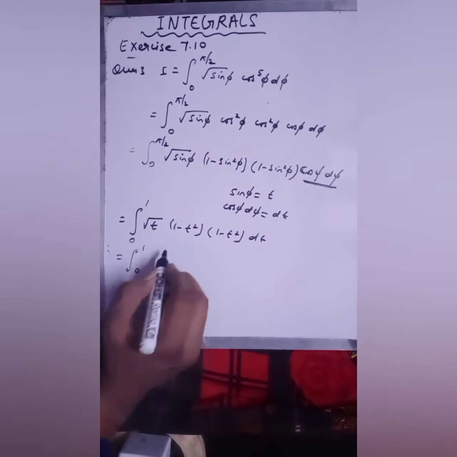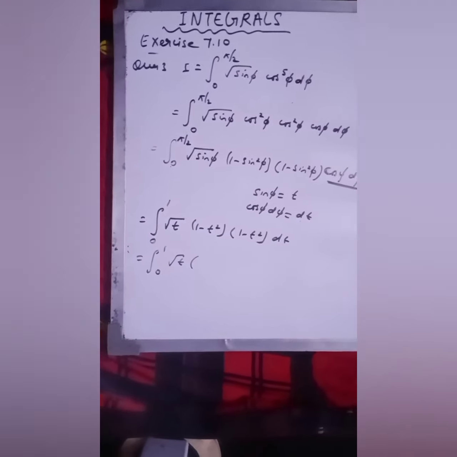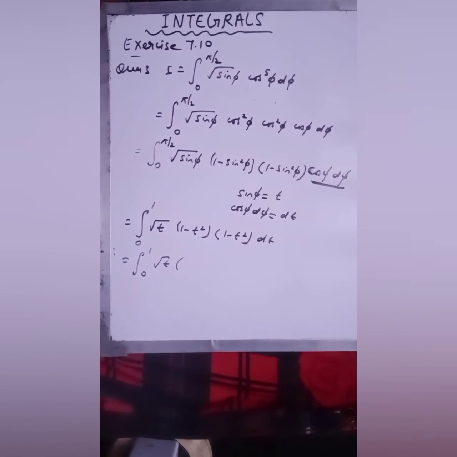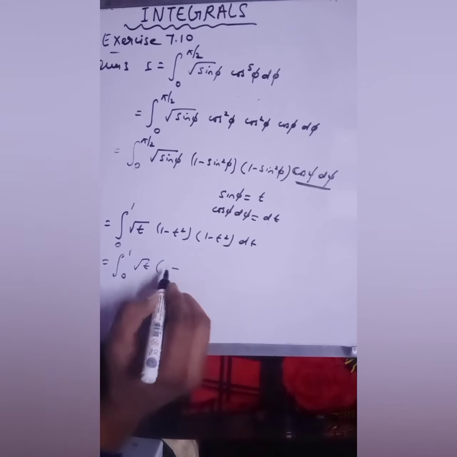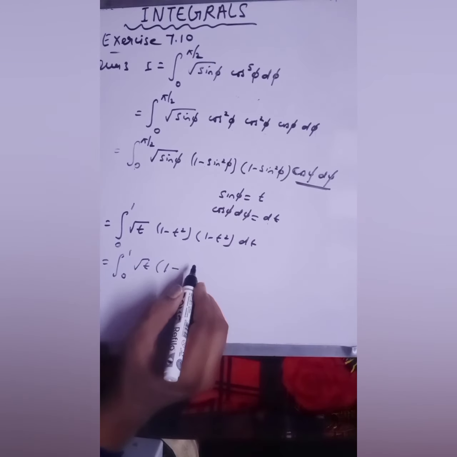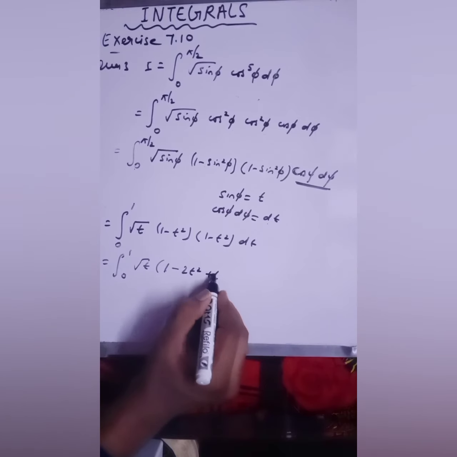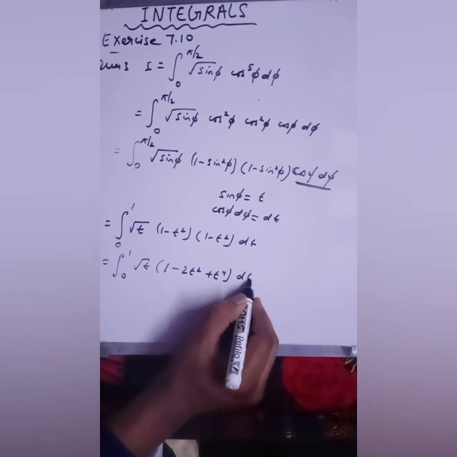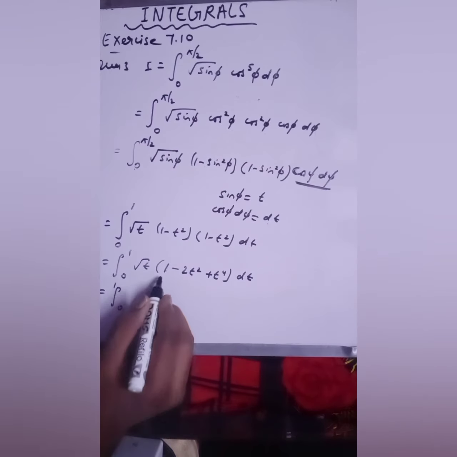This is 0 to 1, root t, and multiplying these two, you will get 1 minus 2t square plus t raised to power 4, into dt. So 0 to 1, insert this.